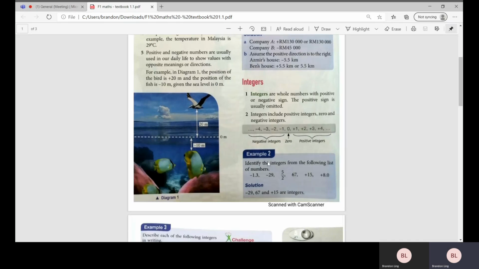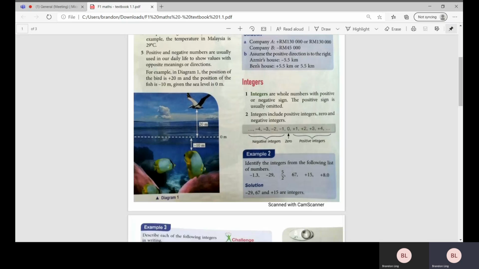Now we move on to example 2. Identify the integers from the following list of numbers. As you can see, here you have -1.3, -29, 5/2, 67, +15, and +8.0. Which of the following are considered integers? Integers are whole numbers.